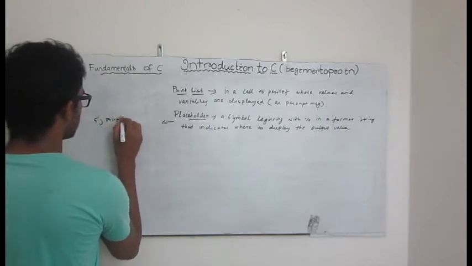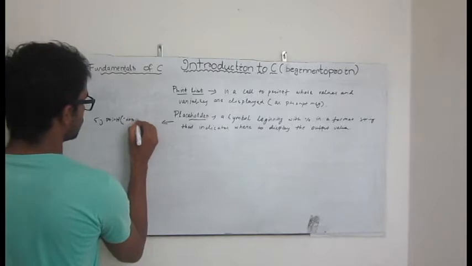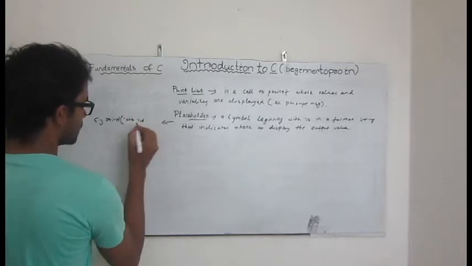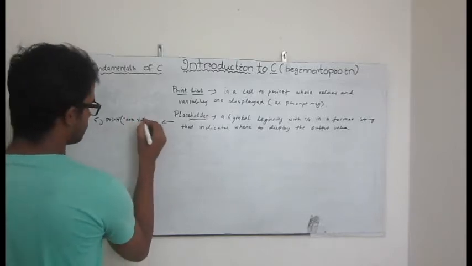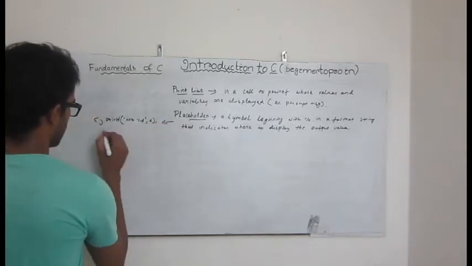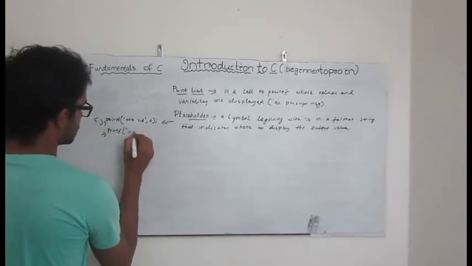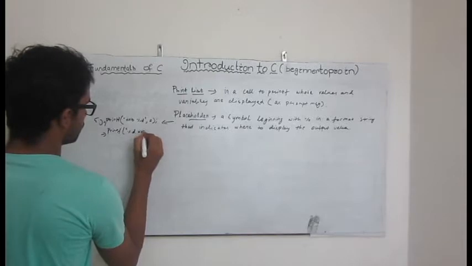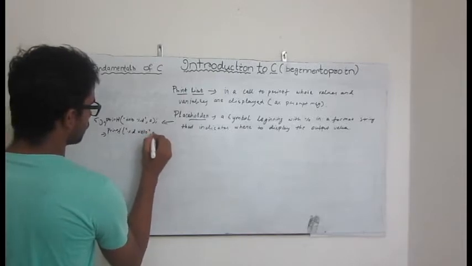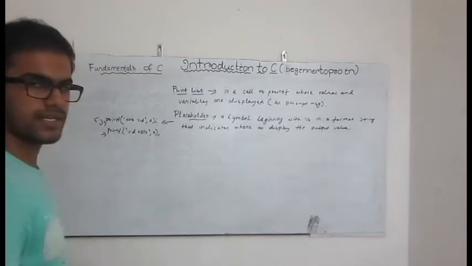Let's see an example. printf hello percentage d, which is of integer type, then a. Then printf percentage d hello, then a. These are the two examples.